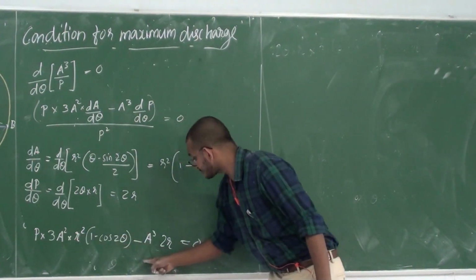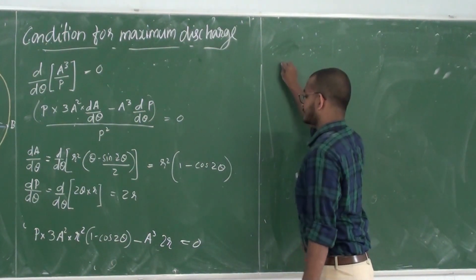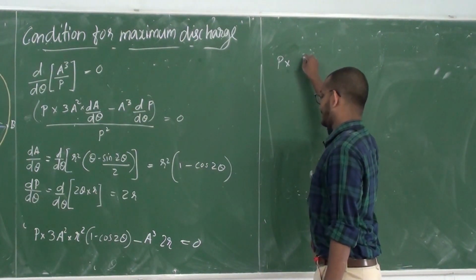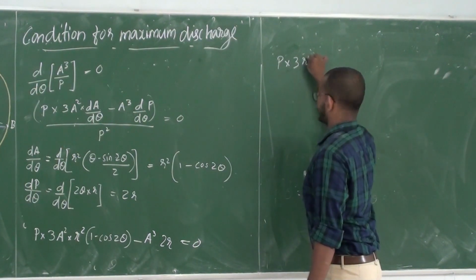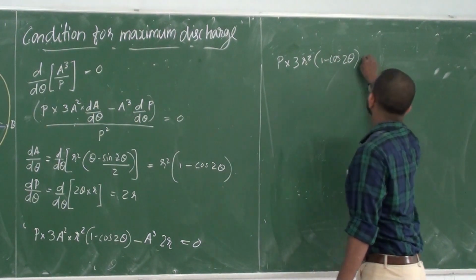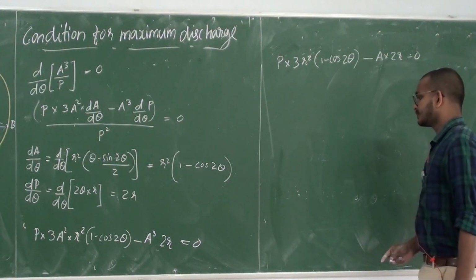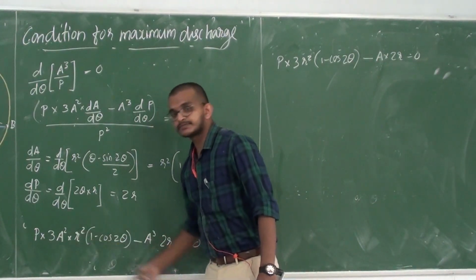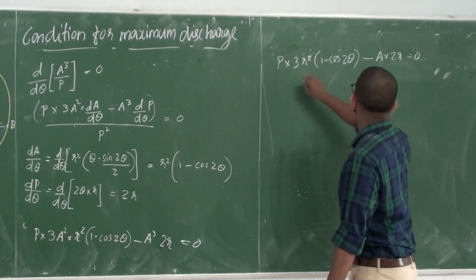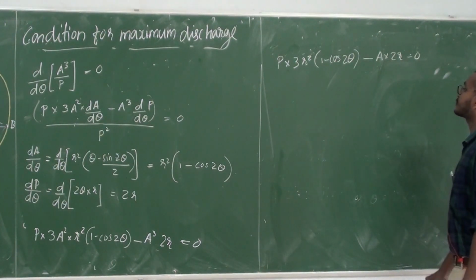A square is a common term, so we can take a square out of the bracket and eliminate it. So P into 3r square into 1 minus cos 2 theta minus a into 2r equal to 0.